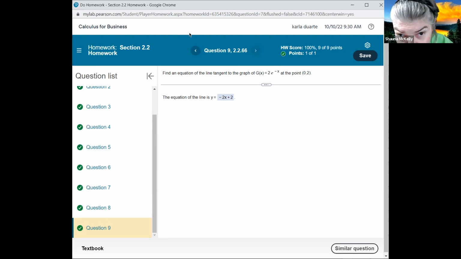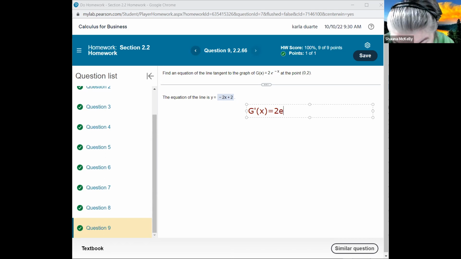Remember that in general, a tangent line problem proceeds by first finding the derivative of what we're given. So first we want to find g prime of x. Now, we have a constant multiplied by e to the negative x. Remember, e to the x is its own derivative.